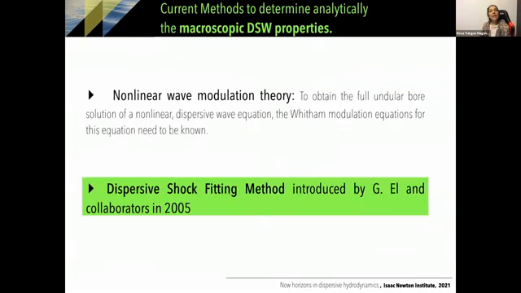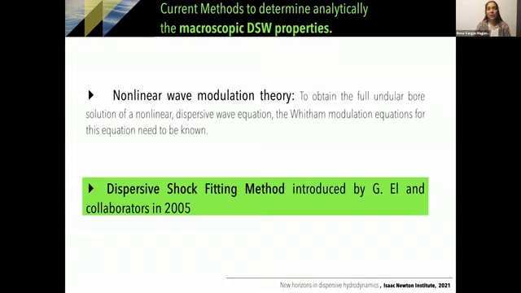Currently there exist just two methods to determine analytically the macroscopic properties of dispersive shock waves. One is the nonlinear wave modulation theory: if you can set the nonlinear dispersive equation in a set of Riemann invariant form, you can obtain the full undular bore description.